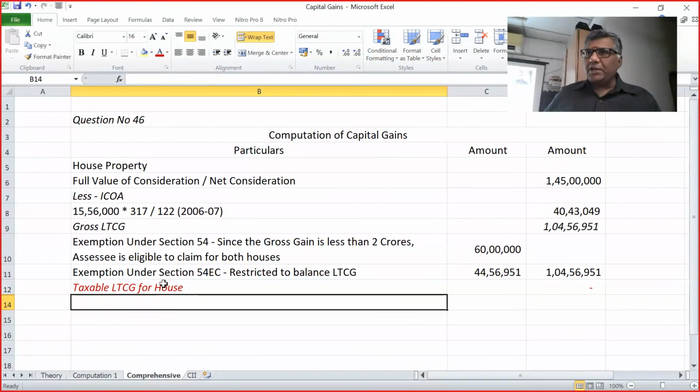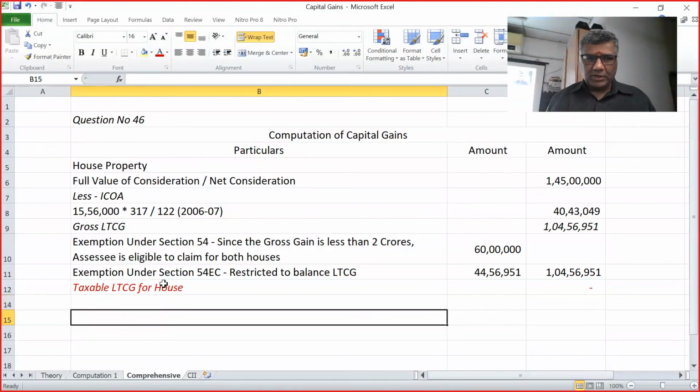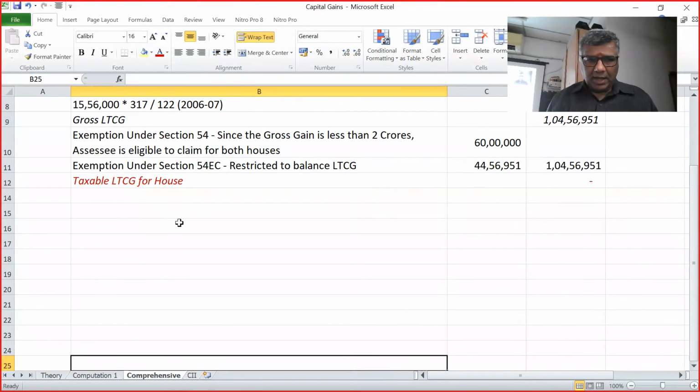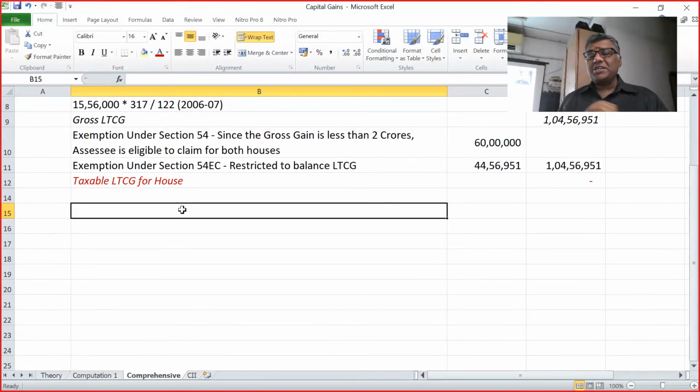Is this clear to all of us? Then I'm going for listed shares and equity oriented funds.